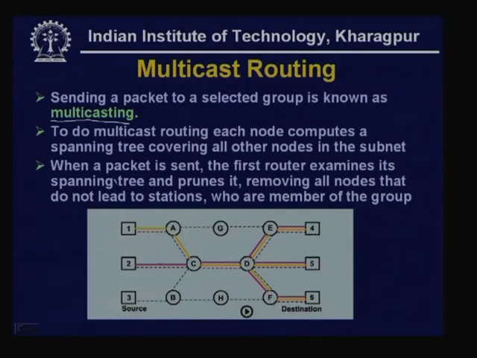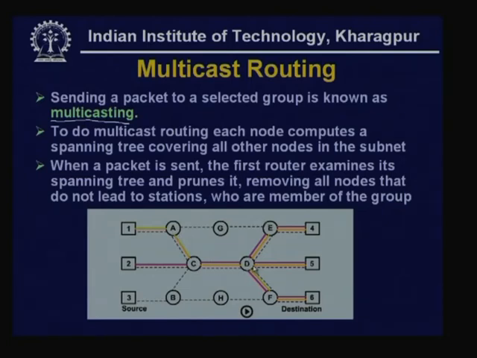What we find is that when a packet is sent, the first router examines the spanning tree and prunes it. Here, as you can see, after node A receives a packet, maybe related to a video, instead of sending to G, it prunes it. So, it simply uses this path and sends it.